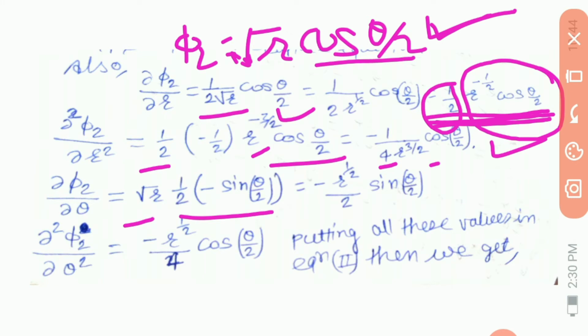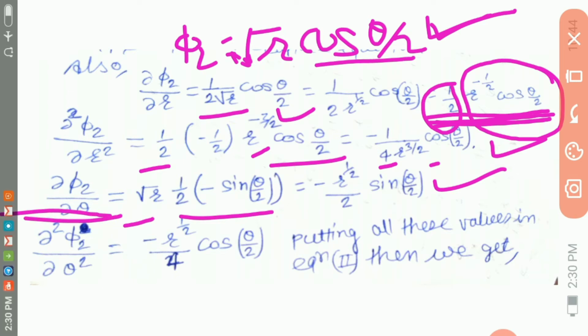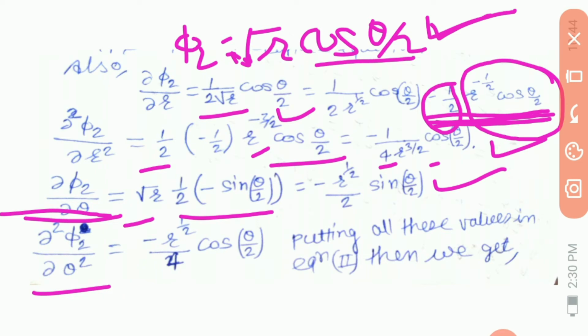This can be written as minus r to the power 1/2 divided by 2 sin θ/2. So again differentiate this with respect to θ. So what do we get? We get ∂²φ2/∂θ² is equal to minus r to the power minus 1/2 divided by 4 into cos θ/2.